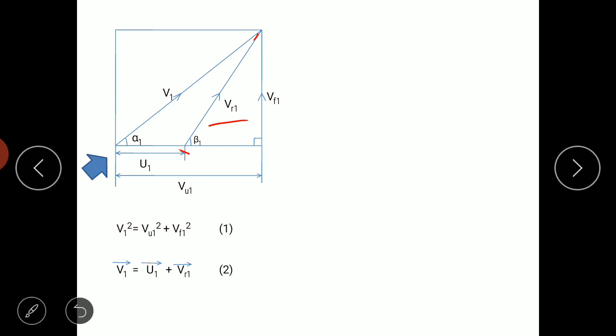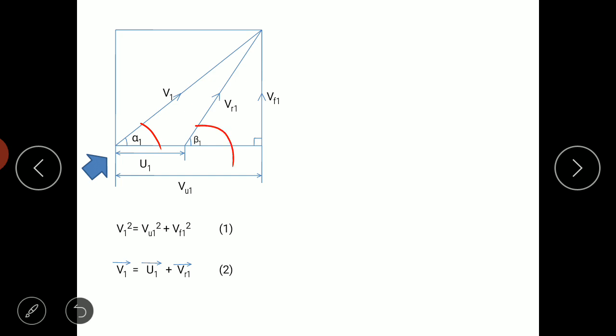So whenever there are two objects moving, in order to get the relation between the two, we use the concept of relative velocity. I hope it is clear. So this is how we get the inlet velocity triangle, where alpha 1, as I told you earlier, is the angle made by absolute velocity v1 with the horizontal, or nozzle angle or fixed blade angle.